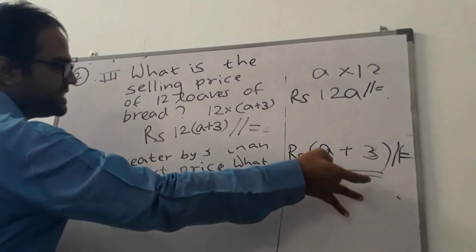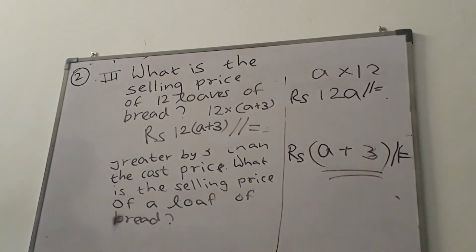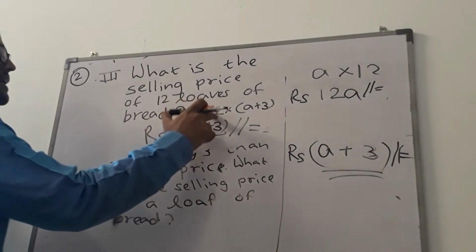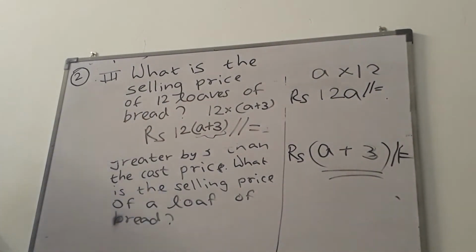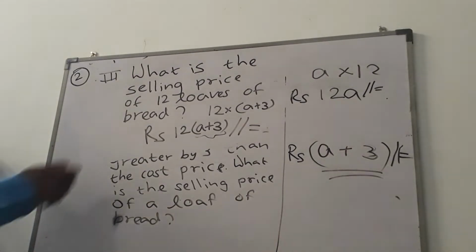The price of a loaf is A plus 3, so 12 loaves means 12 times A plus 3 altogether. So the answer is 12 times A plus 3.